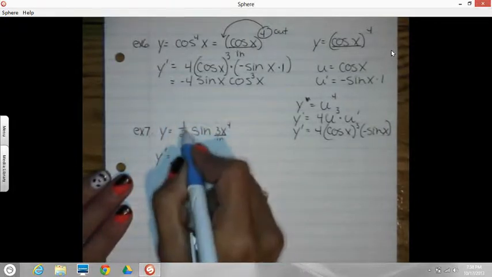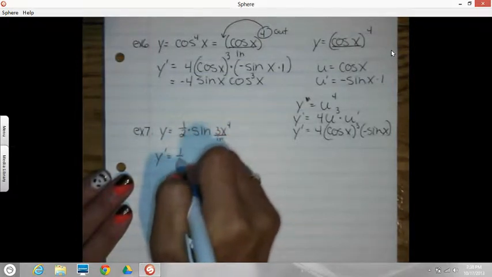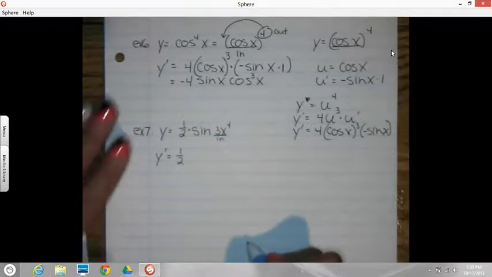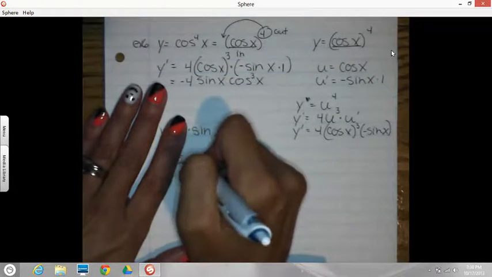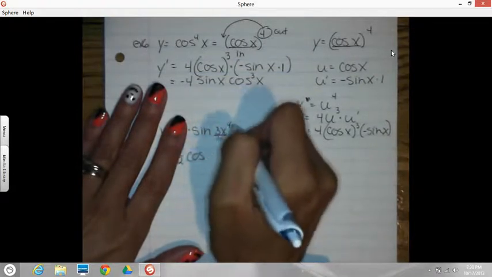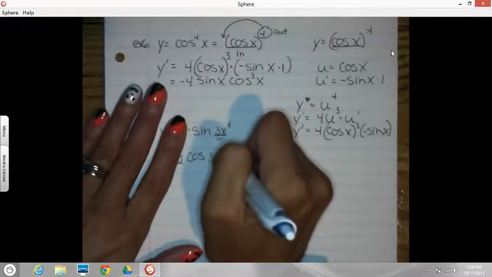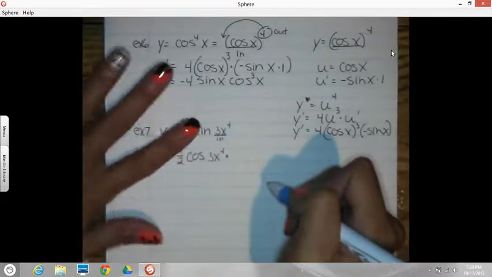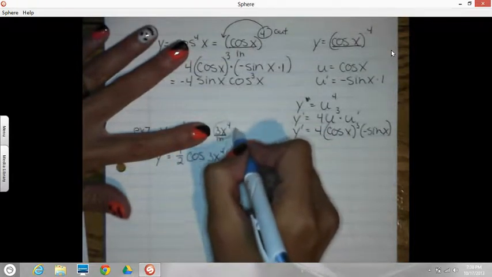So I'm going to write the derivative. The 1/2, a multiplier out in front of a function, always just carries along. The constant multiplier carries. The derivative of sine is cosine. Never change the angle, never change the inside. But I have to still multiply by the derivative of the inside. The inside is this angle. What is the derivative of 3x to the 4th?